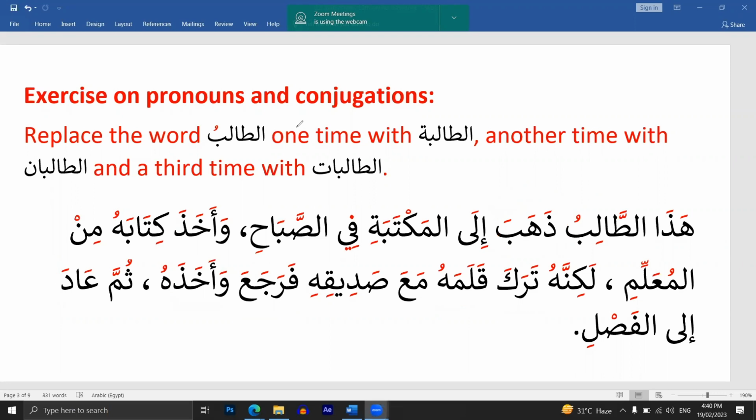Okay, and then we have the last one, الطالبات. Who is going to do it? If you are ready, just raise up your hand. Okay, we need new faces.